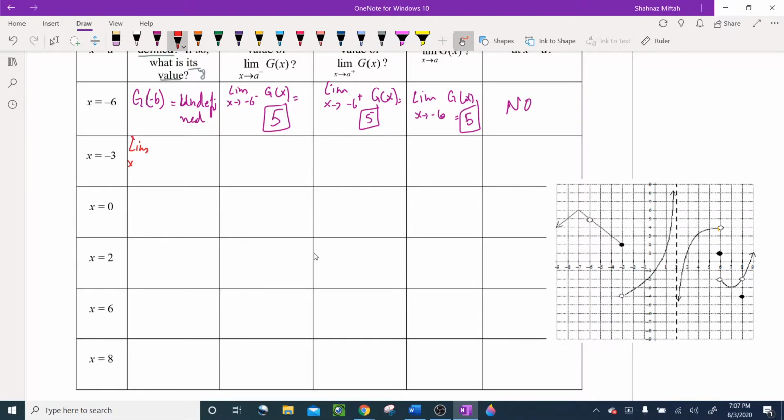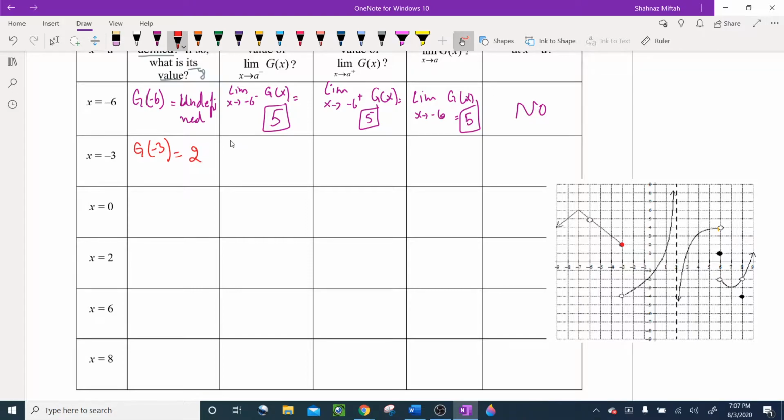Okay, so g of negative 3 is what? This is negative 3 right there, and the y value at negative 3, I'm going to pick this one. That's a defined point, a closed circle. I'm not going to pick this because it's not a defined point, right? So this one is the y value.